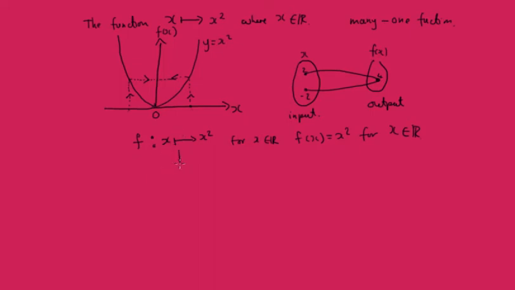So again, this reads, the function f is such that x is mapped to x squared, or f maps x to x squared.